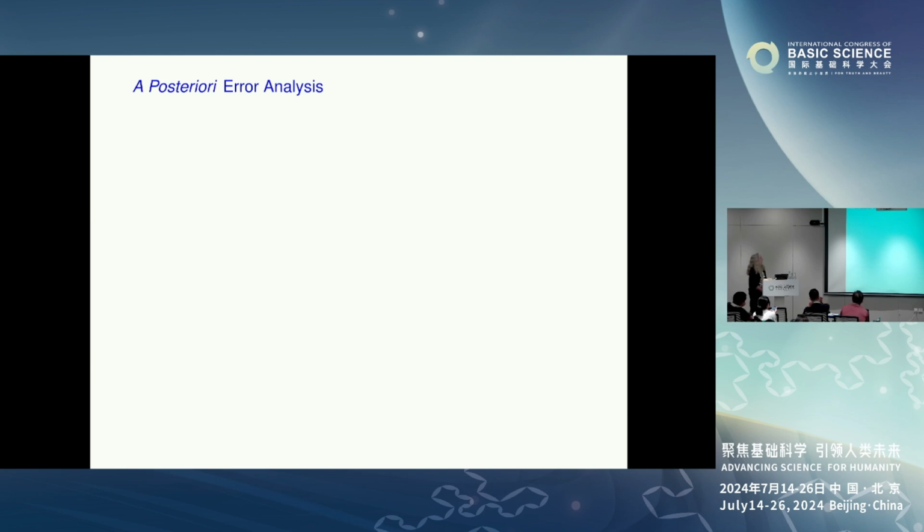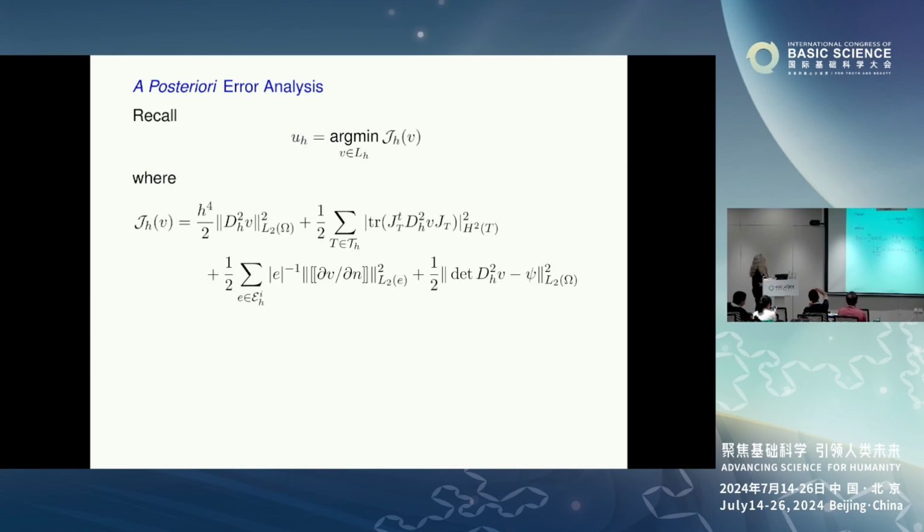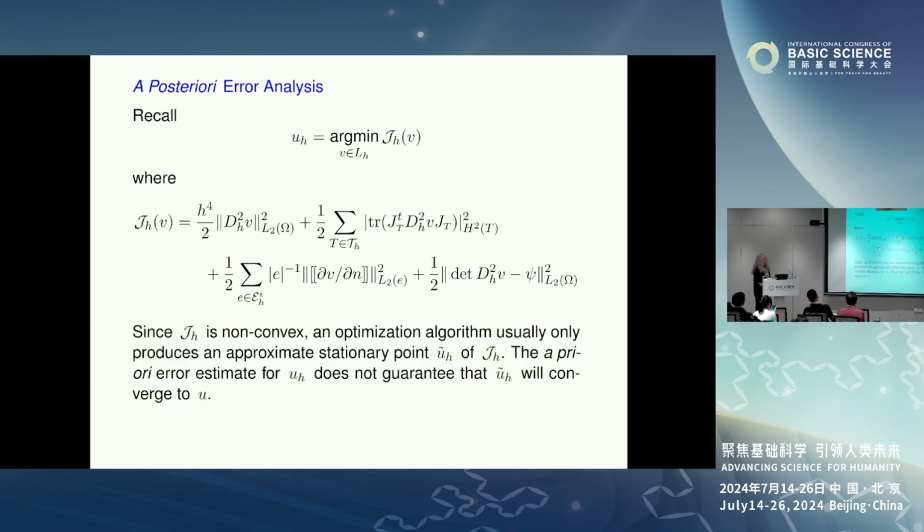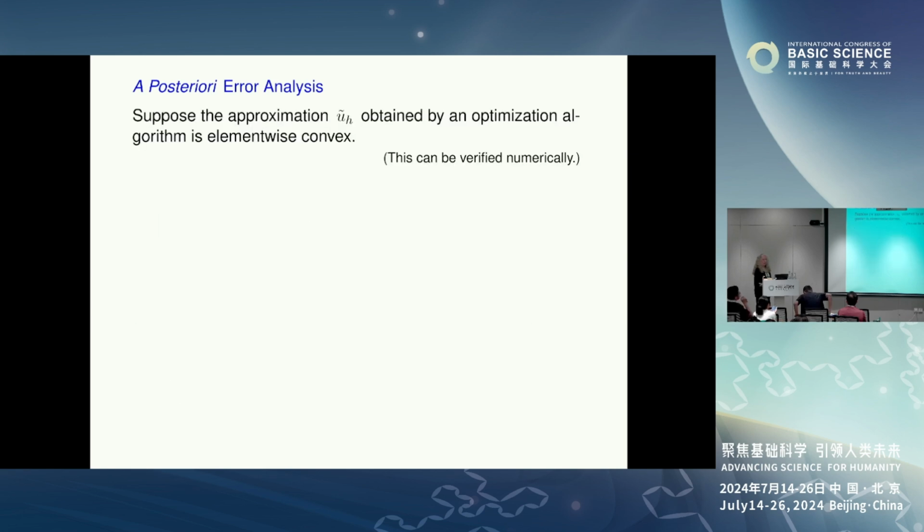We also have an a posteriori error analysis. Now recall UH is the minimizer of our cost function. Since the cost function is non-convex, an optimization algorithm usually only produces an approximate stationary point UH tilde. The a priori error estimates for UH do not guarantee that UH tilde will converge to U. Now suppose that UH tilde is element-wise convex.